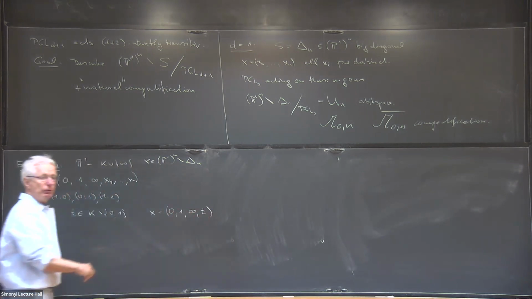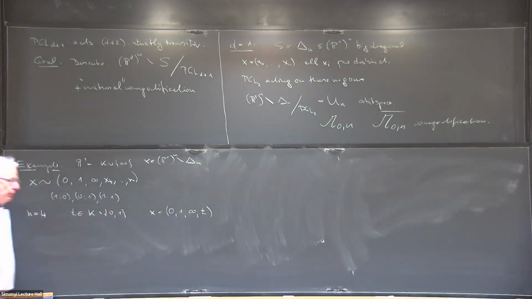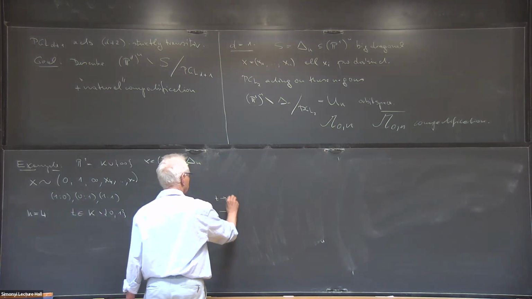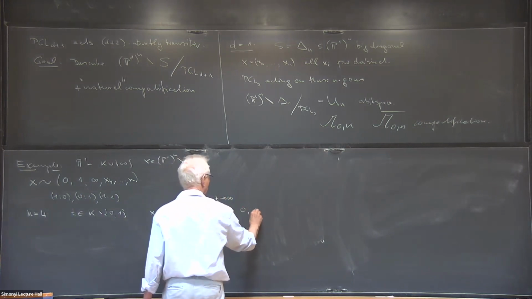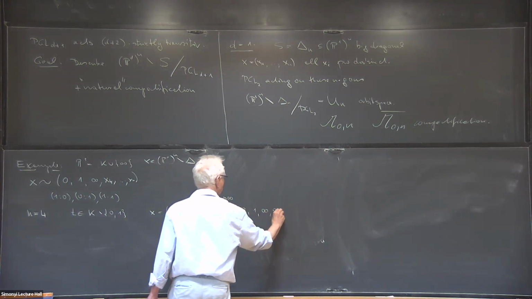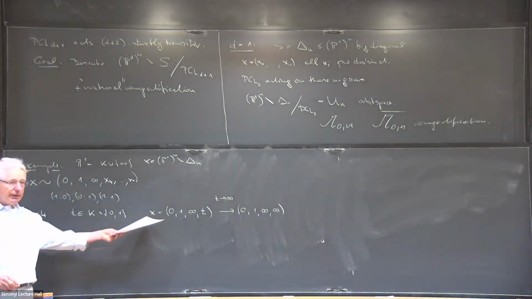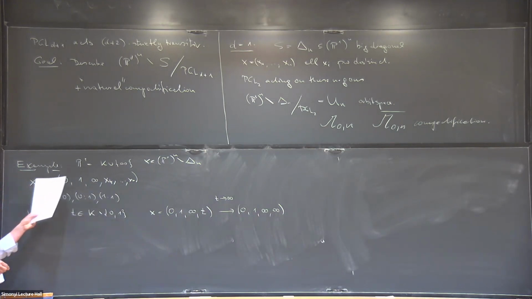So t is distinct from these others. And we want t to go to infinity. So we end up with 0, 1, infinity, infinity. This is certainly a decent limit, but we are looking at x up to the action of PGL2.